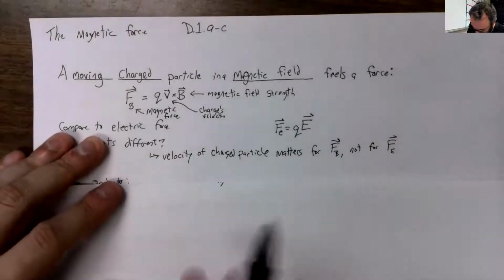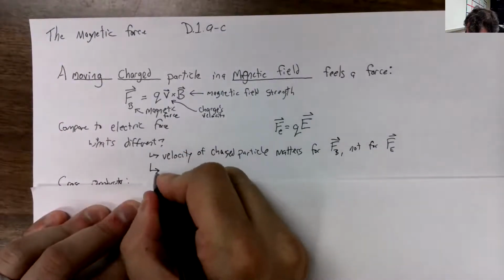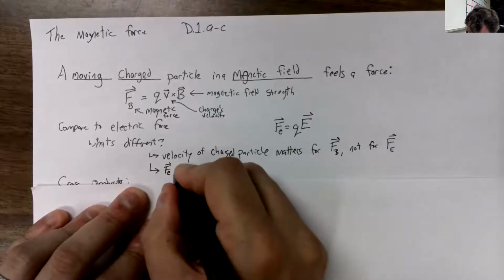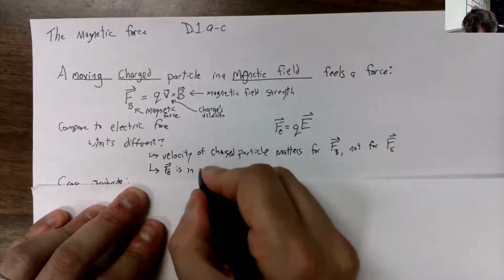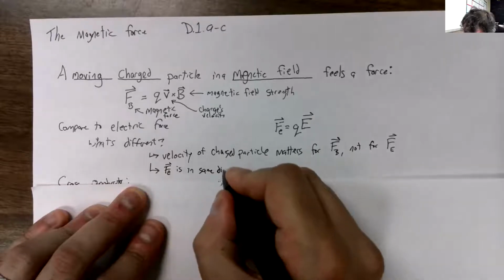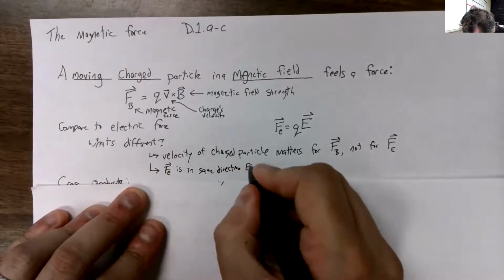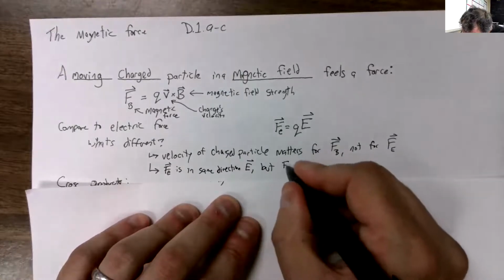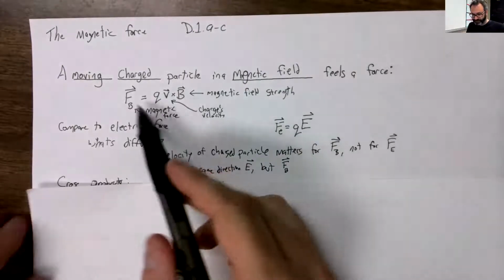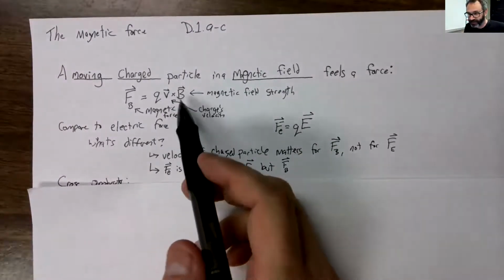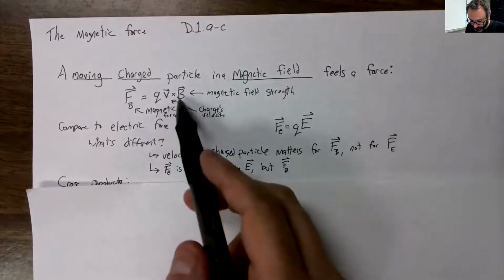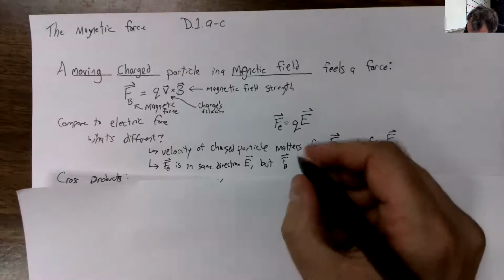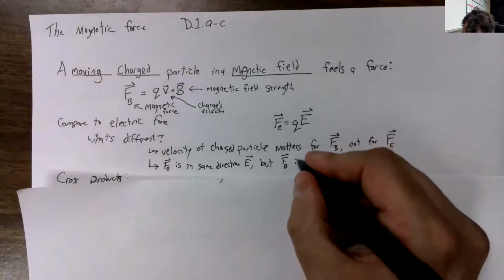But the other thing that's different, the electric force is in the same direction as the electric field, but the magnetic force is never in the same direction as the magnetic field. And actually, as we're going to see when we quickly go over cross products in a minute, the magnetic force is always perpendicular to the magnetic field.